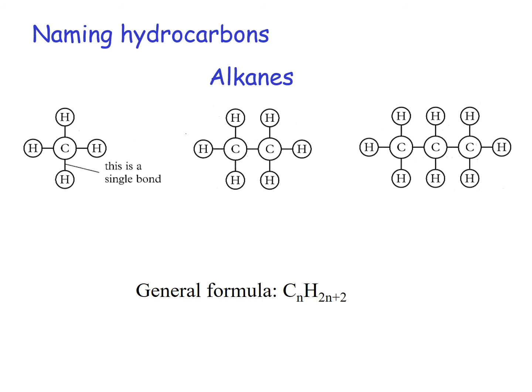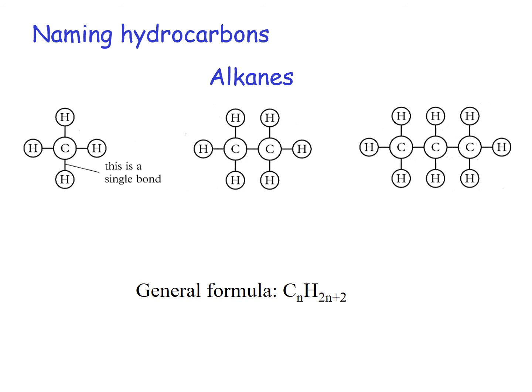Okay, now carbon is in group 4, so it wants to make 4 bonds so that it has a full outer shell to get that magic 8 in the outer shell. So each carbon will share its electrons with 4 other things. If we've got 1 carbon on its own, it's sharing with 4 hydrogens.